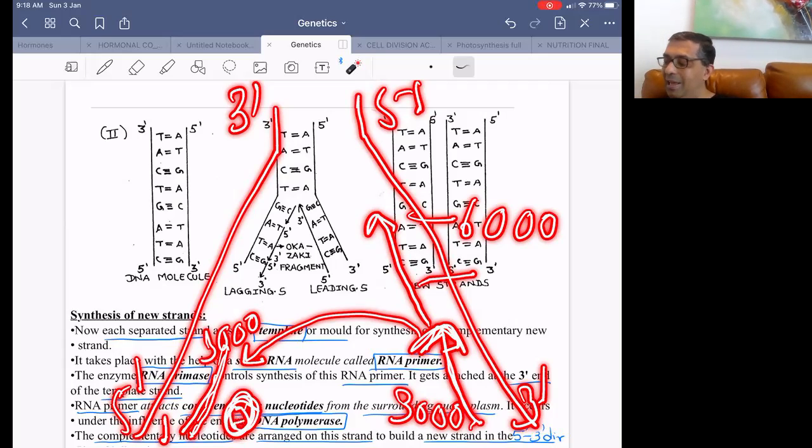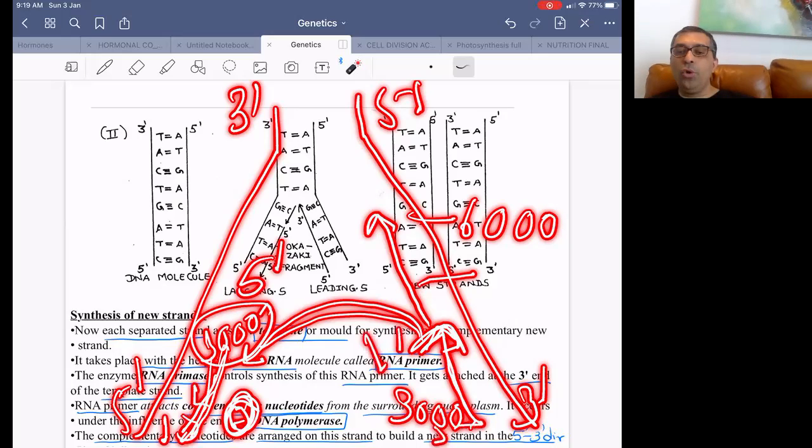Simultaneously 3000, 2, 1. In which direction? 5 end to 3 end. That is the golden rule. The new strand is always formed from 5 end to 3 end.